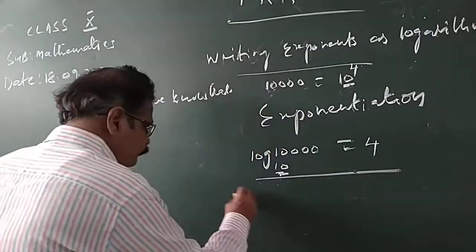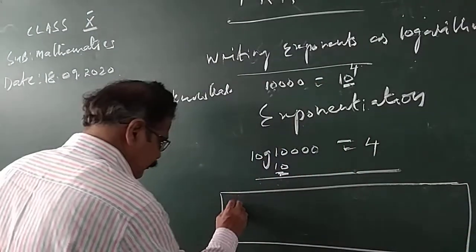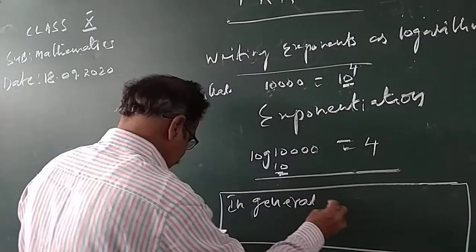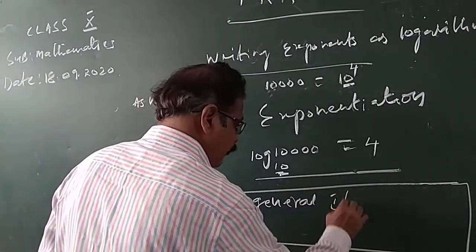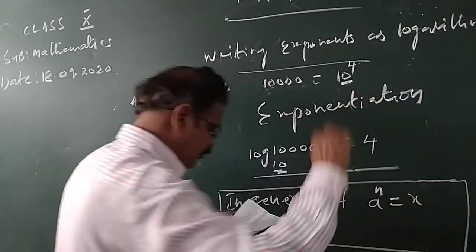In general, you must note this down. If a to the power of n is equal to x, this is the exponential form.